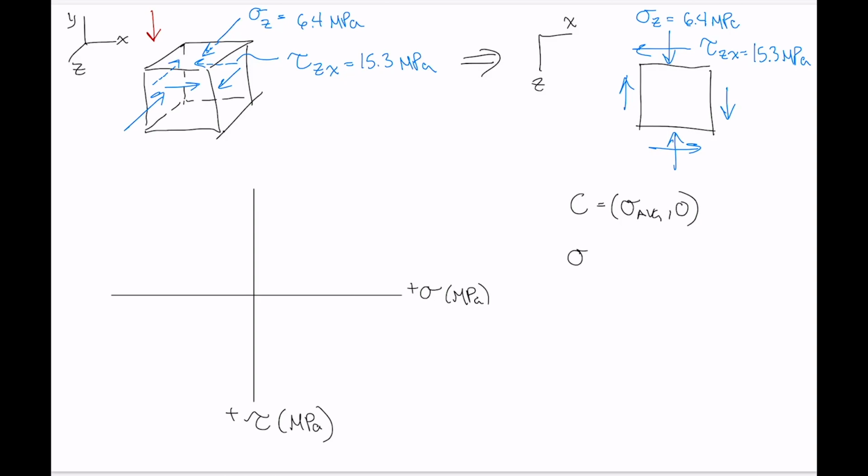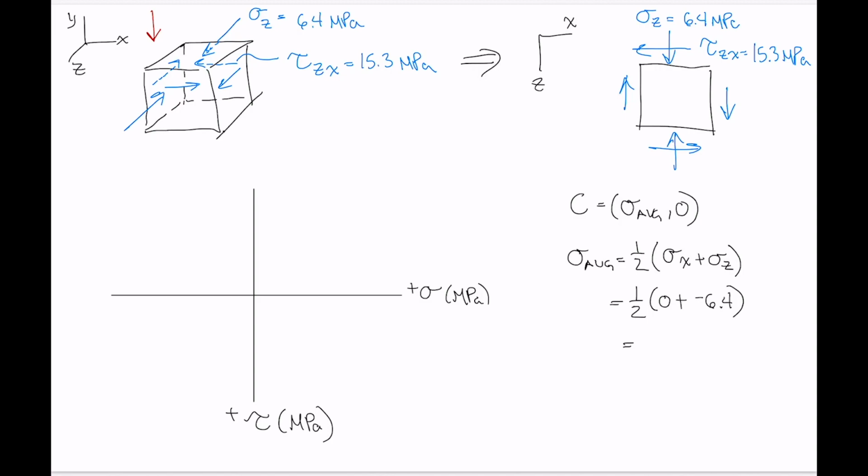So let's calculate what our average normal stress is here. It's 1/2 in this case, sigma x plus sigma z. Remember, 1/2 of your horizontal and your vertical normal stresses. 1/2 sigma x. Sigma x is 0. Sigma z is 6.4, but it's compressive, so it's negative.